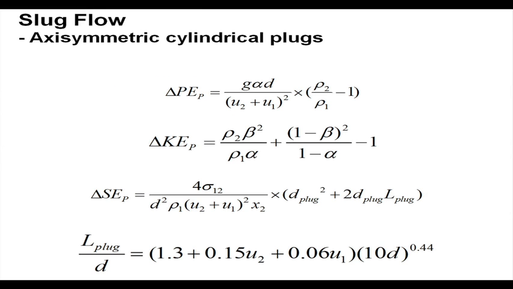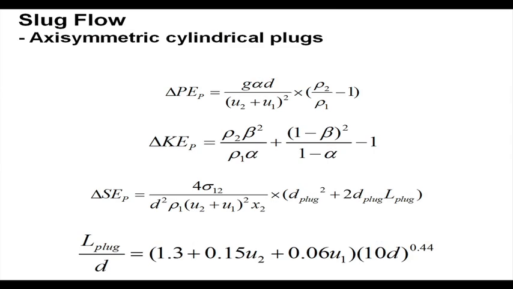Well, we have also done it for slug flow, as I have mentioned, axisymmetric cylindrical plugs. Now, in this particular case we find that there is one more unknown, which is the length of the plug. This is the only parameter which has been taken from a correlation developed from experimental data.